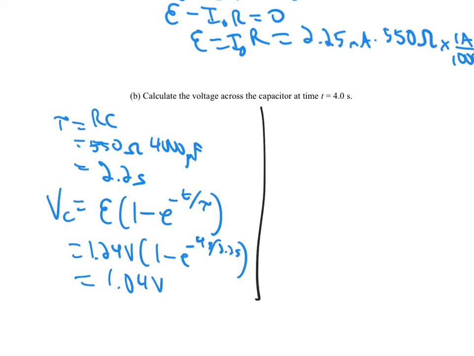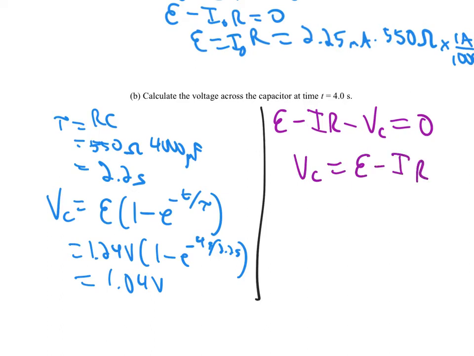Turns out there's another way to do it, which is that we apply Kirchhoff's rule. And again, we have EMF minus the current times the resistance minus the capacitor voltage is 0, still the loop rule. So the capacitor voltage is the EMF minus IR. We know the EMF was 1.2 volts.